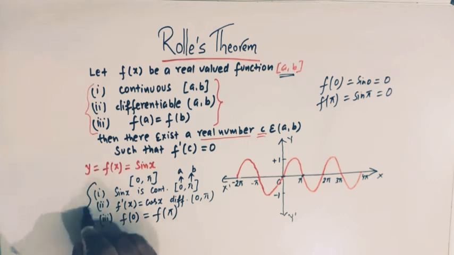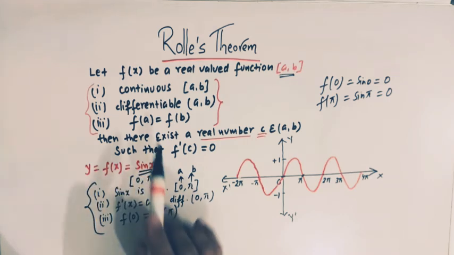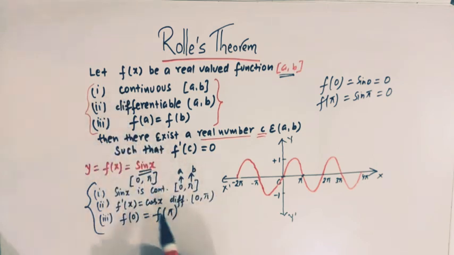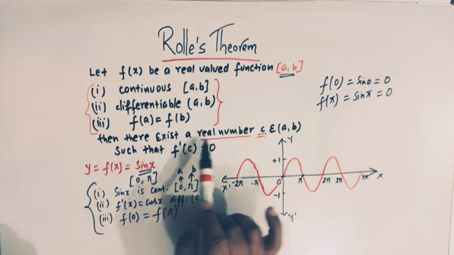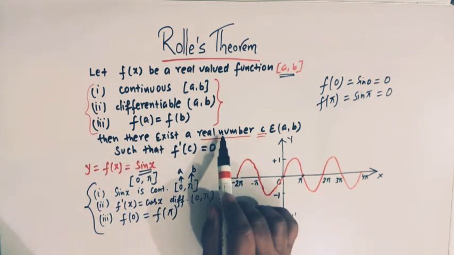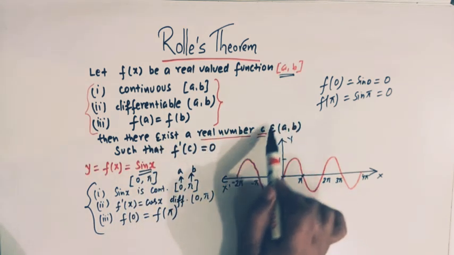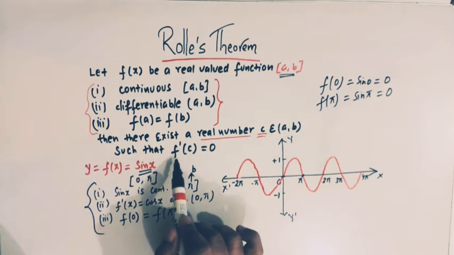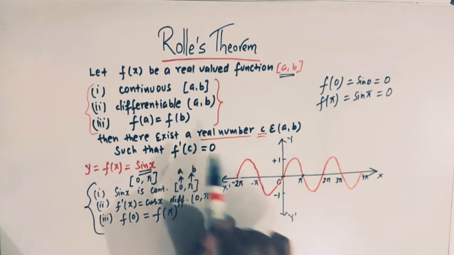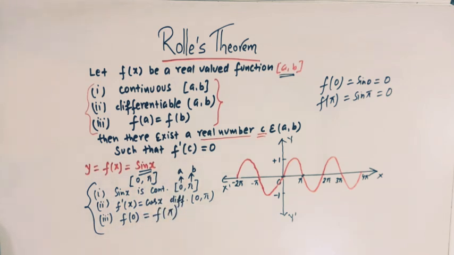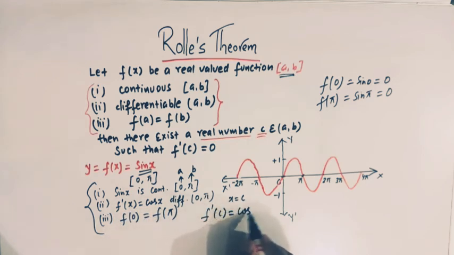So we see that this function obeys all three conditions of Rolle's theorem. Then Rolle's theorem says that there must exist at least one real number c in this interval such that the derivative of the function at that point is 0. So we have f'(c), and with x = c, f'(c) is cos c.